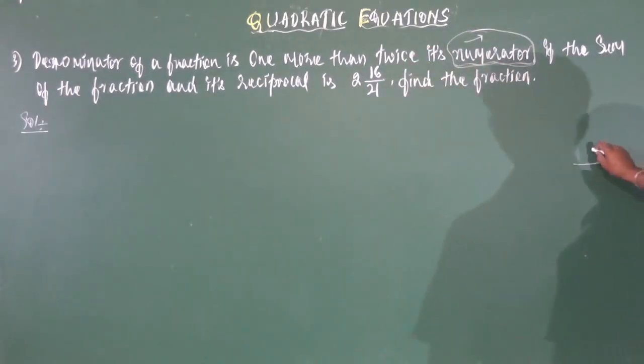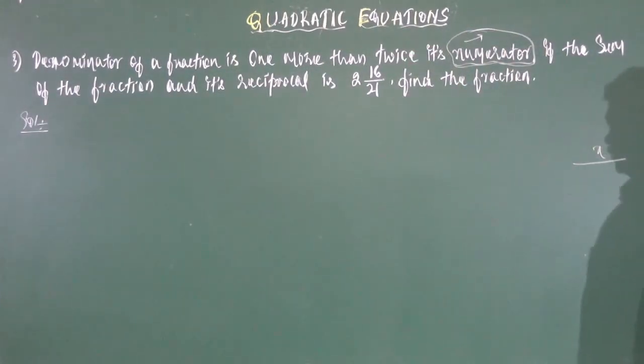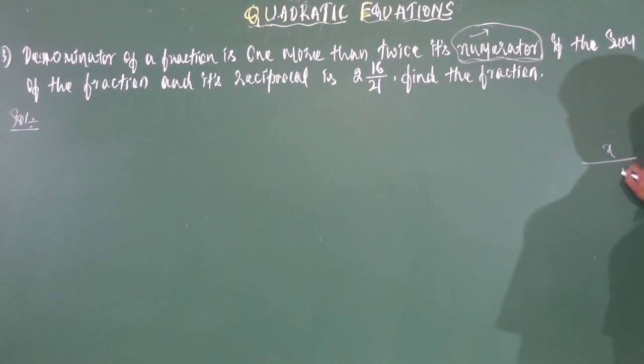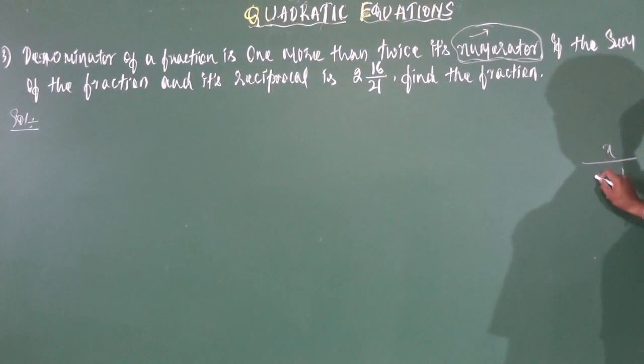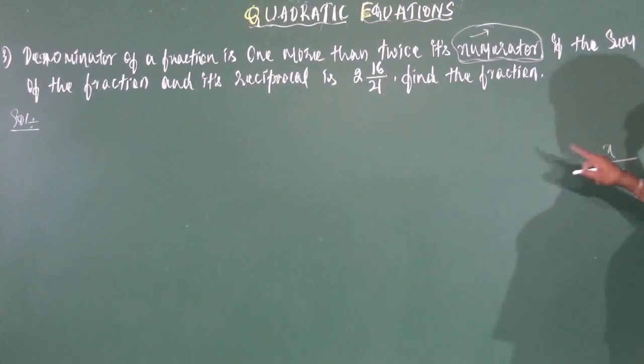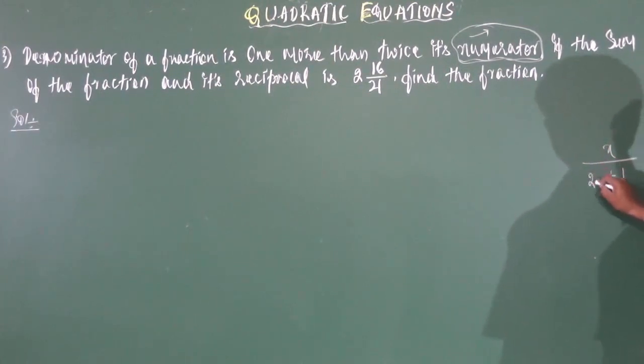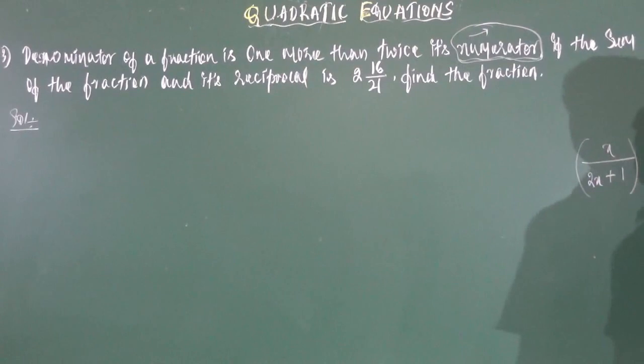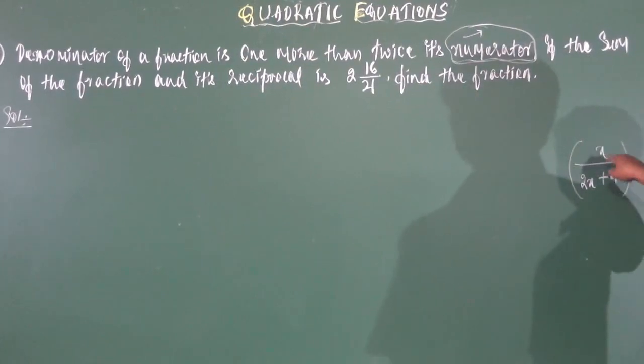So let the numerator be x. Then the denominator of the fraction is 1 more than twice the numerator. So numerator is x, then the denominator is 2x plus 1. So this is the fraction.